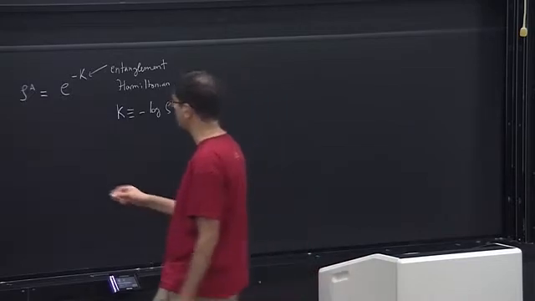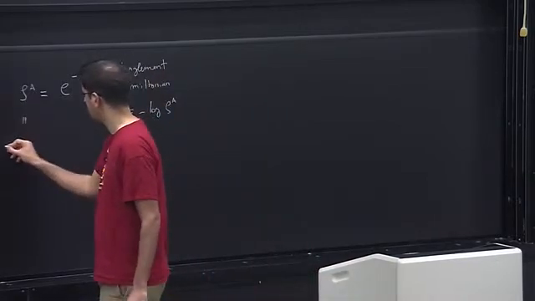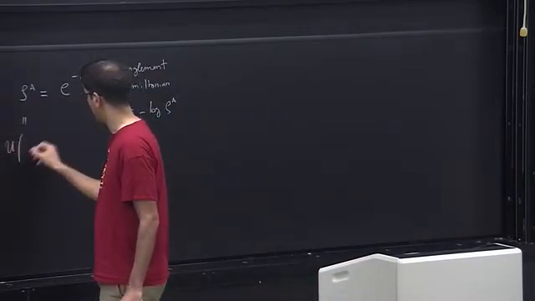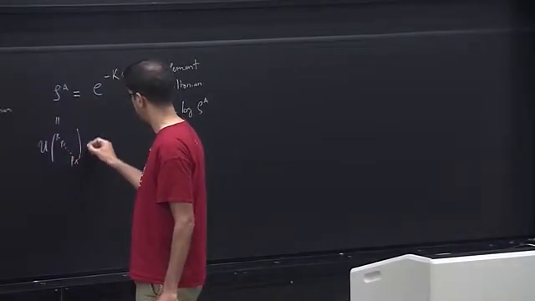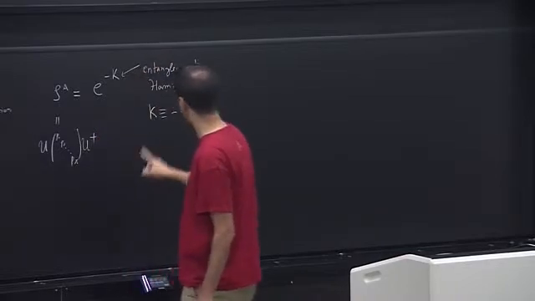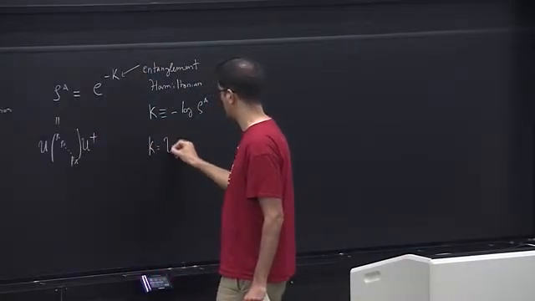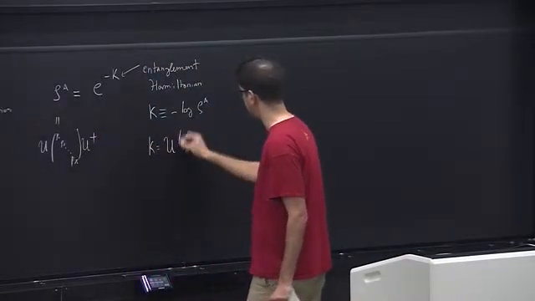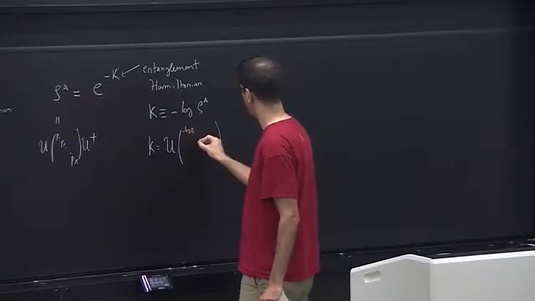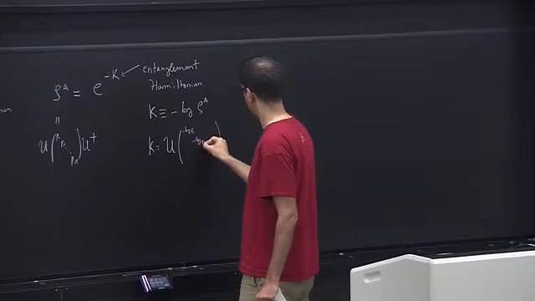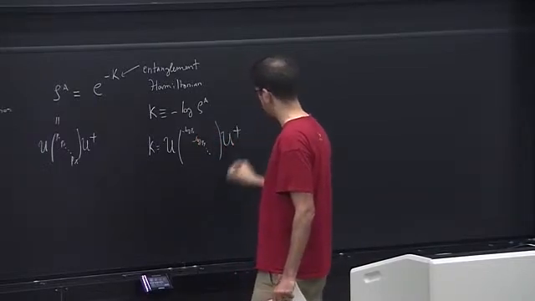So what we're saying basically is that if rho A is U diagonal(p1, p2, ...) U dagger, where U is unitary, then K is U diagonal of minus log p1, minus log p2, etc. U dagger.